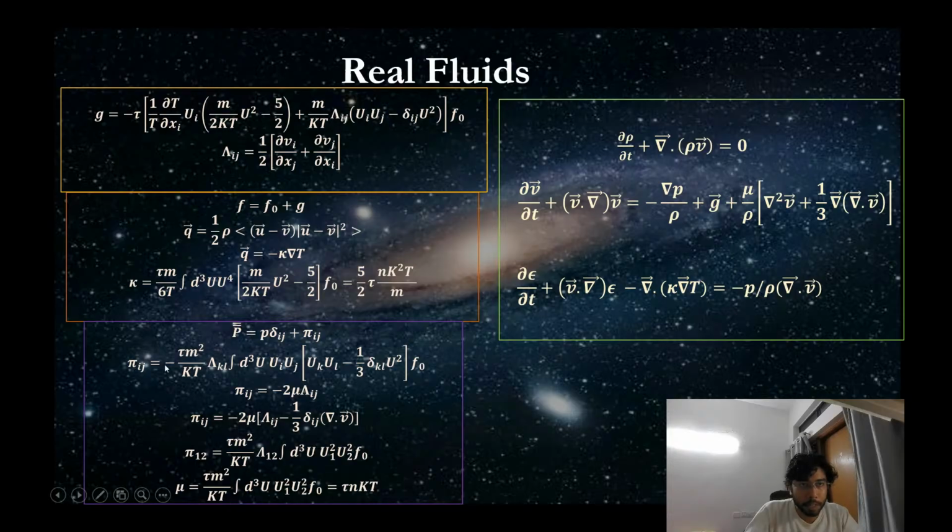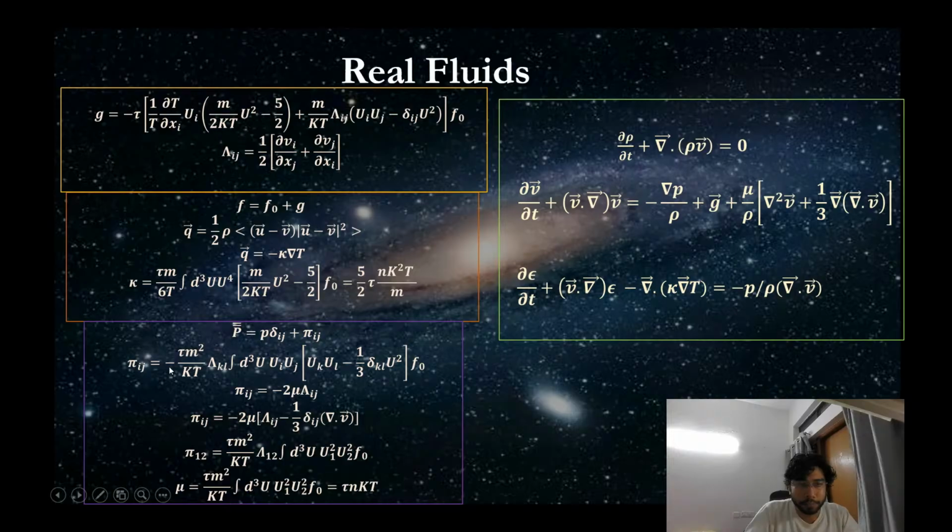So then pi_ij will reduce down to this u_i u_j, right? The definition of pressure is basically just the average of u_i u_j. So if we take the average of u_i u_j multiplied with this g function, as I said, the first term will not survive, and the second term will be this thing, right?